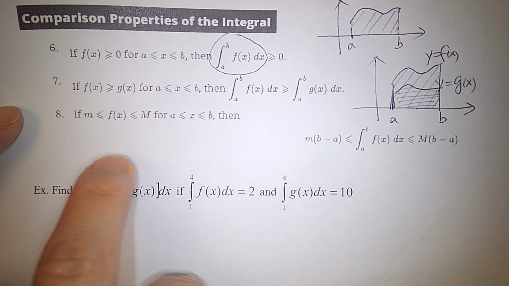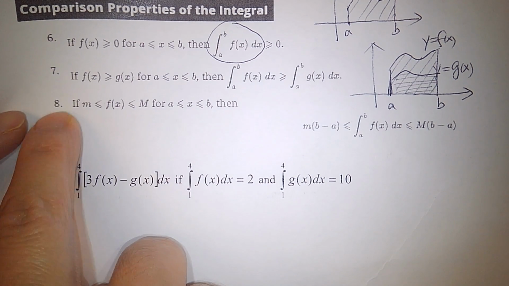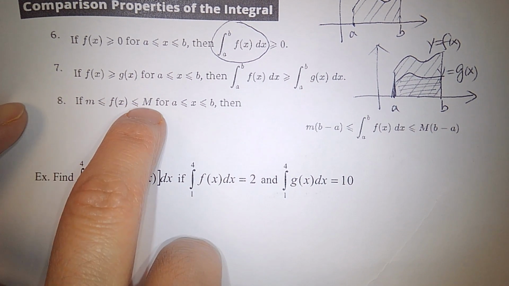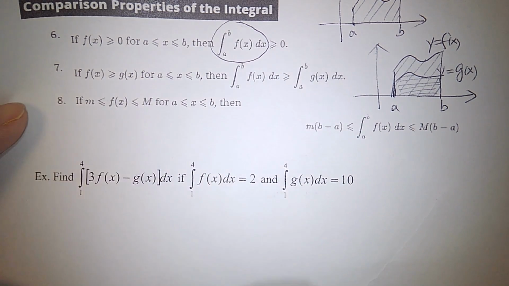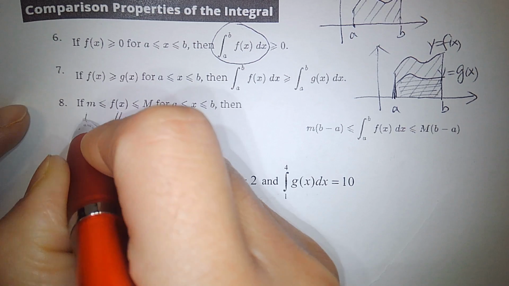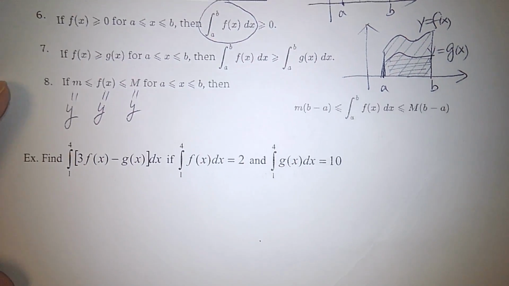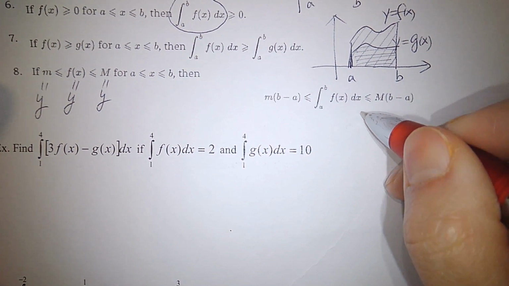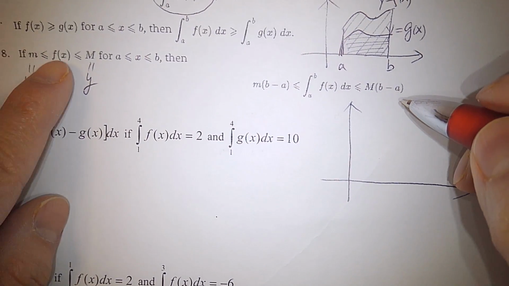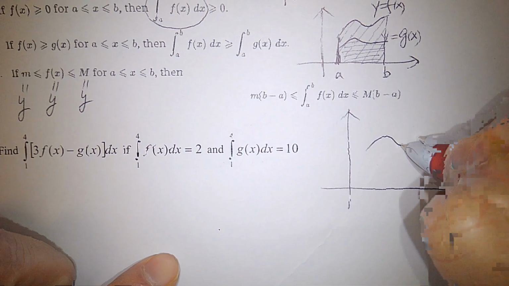The next conclusion is that f is between m and capital M. So y equals f of x, y equals capital M, y equals lowercase m. How to understand that? For example, y equals f of x is a curve.